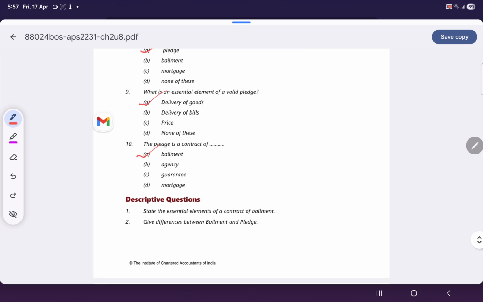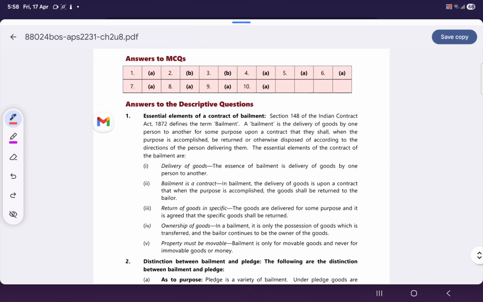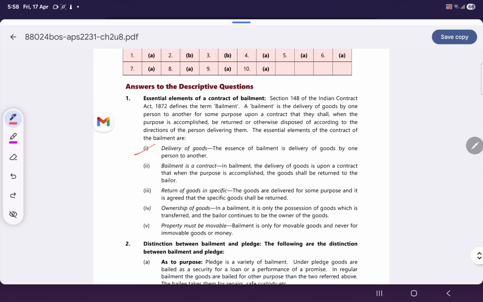Okay. State the essential elements of a contract of bailment. So what are the essential elements of a contract of bailment? There should be delivery of goods, there should be a contract, return of goods, ownership of goods, property must be movable.